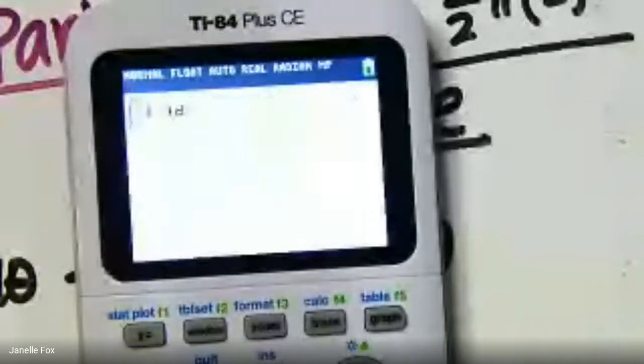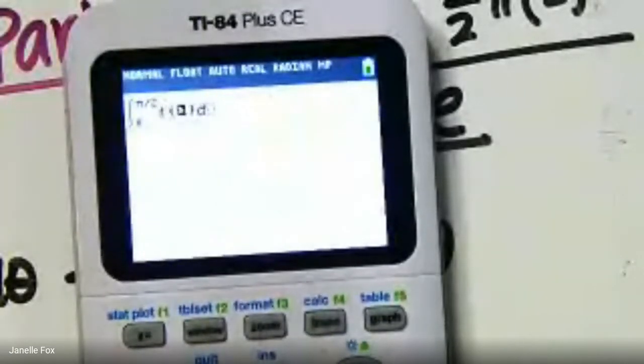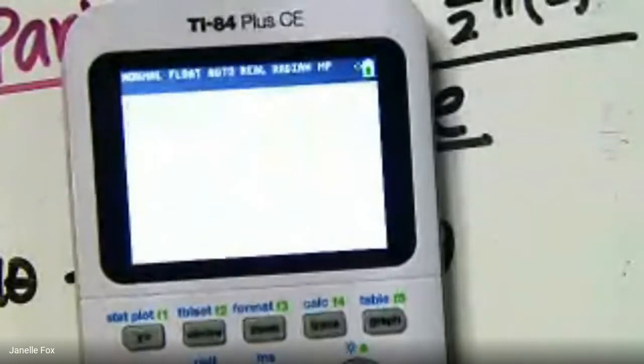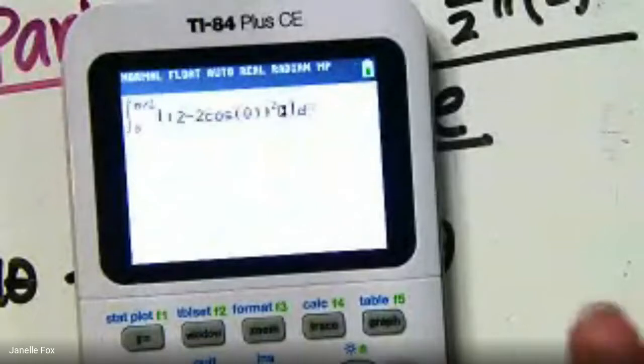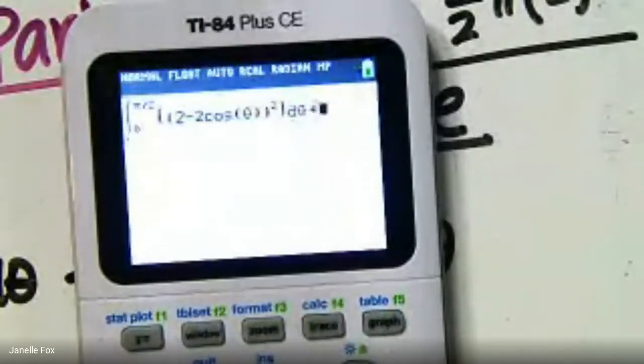So we are going to do the first one. The 2 and the 1/2 cancel. And so I'm just going to go the integral from 0 to pi over 2 of the quantity, it's the cardioid, 2 minus 2 cosine theta, quantity squared d theta. And then I am going to add another integral.